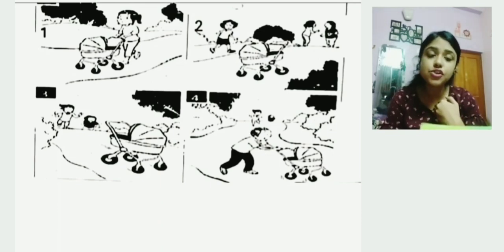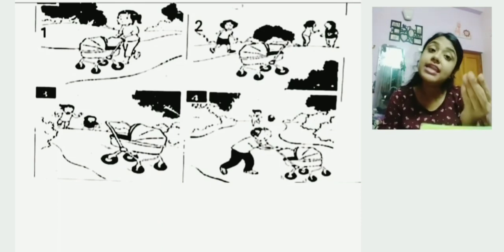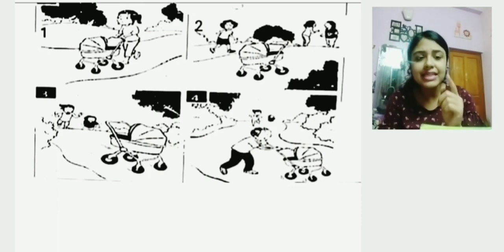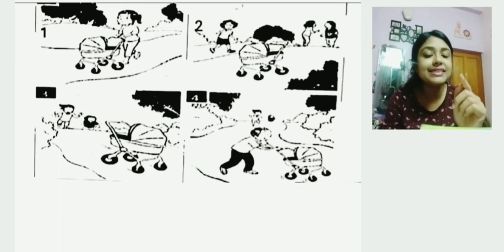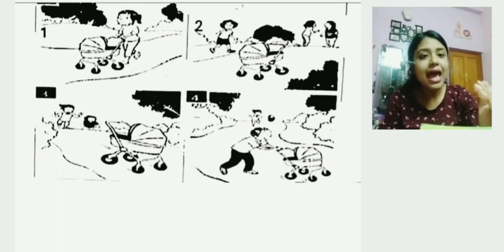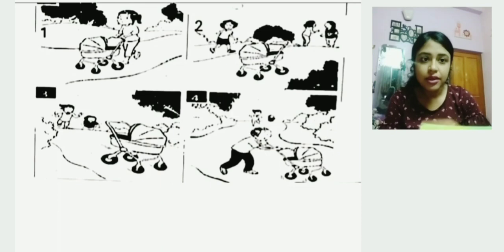In my story, it is her friend. In your story, it can be a stranger as well. But we can see the woman is busy, whispering with that friend of hers. And what had happened? The pram has started moving unattended. We can see no attendant is there, and the pram started moving.